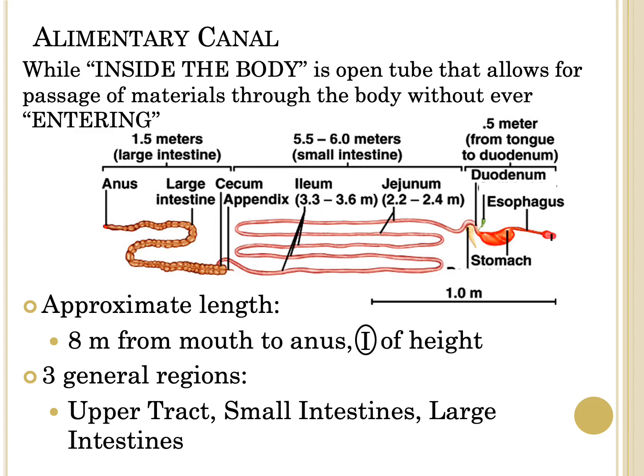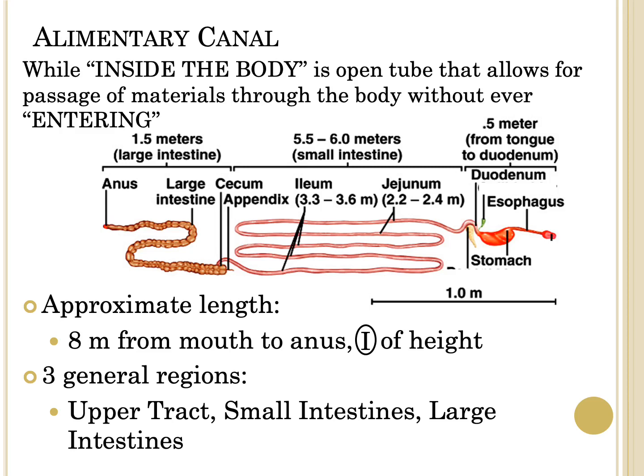Regardless of the height of the individual, the alimentary canal will average about 8 meters. Very short people will have slightly shorter alimentary canals, and very tall people will have slightly longer ones. But the adult alimentary canal will be about 8 meters in length, and that's necessary to allow enough distance for digestion and then absorption of all of the nutrients we consume in the food we're eating.